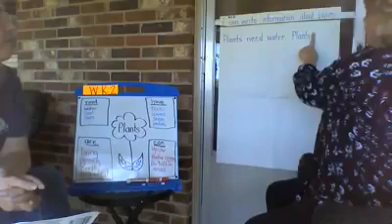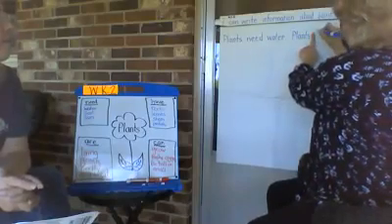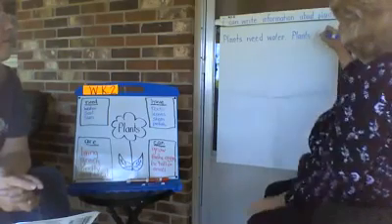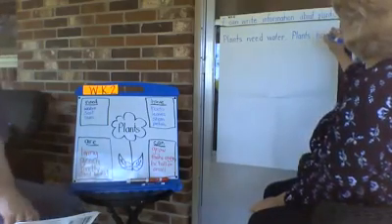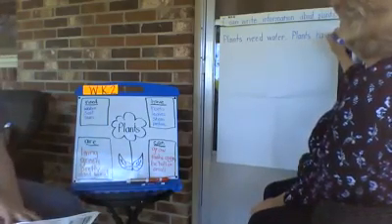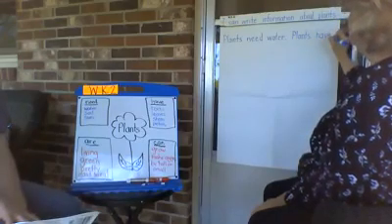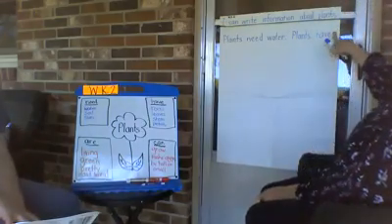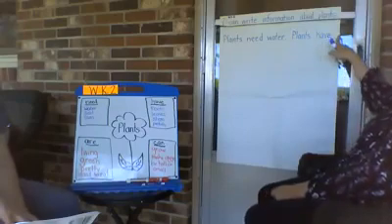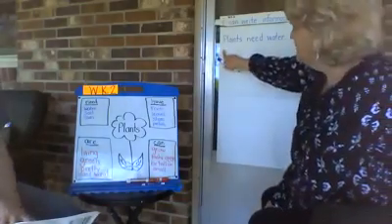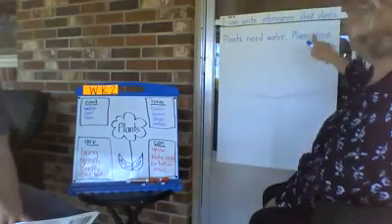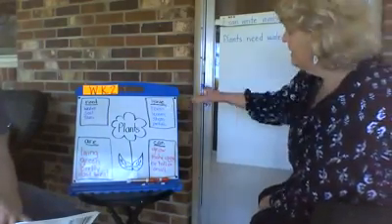Have, I think I still have room without going out to the end. Now, look what happens here. I don't have room for another word, so am I going to try to write to the end of that? No. I'm going to come down to my next line. So plants have, and we said roots.